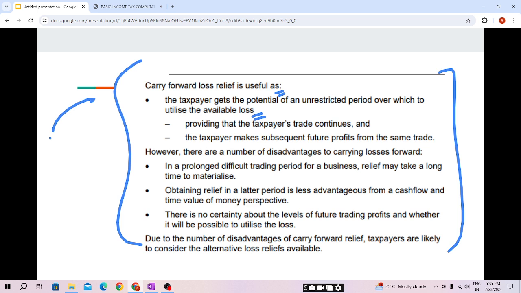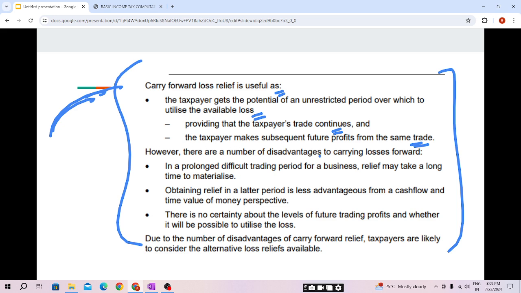That is, the loss can be carried forward for an indefinite period of time, providing that the taxpayer's trade continues, that the taxpayer continues to do his business, and the taxpayer makes subsequent future profits from the same trade, from which the loss relief can be claimed.